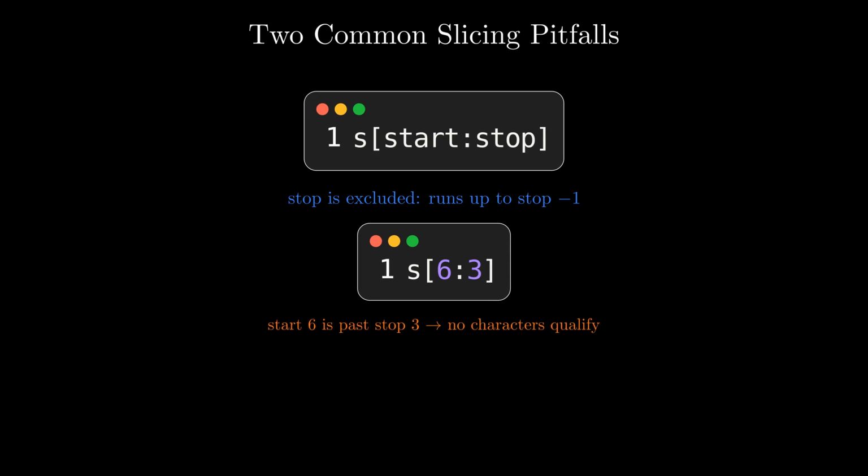It starts at index 6, but must move rightward toward a stop that sits behind it. No characters qualify. Instead of an error, Python returns the empty string, a perfectly valid string containing nothing. Unlike out-of-range indexing, which raises an IndexError, an impossible slice fails silently. That distinction trips up many beginners.